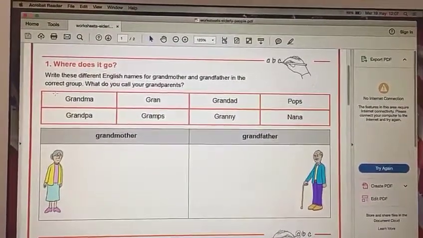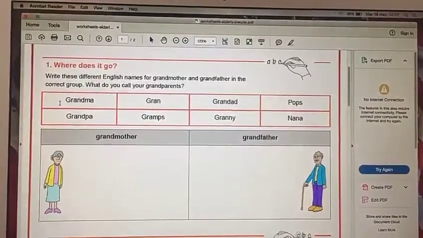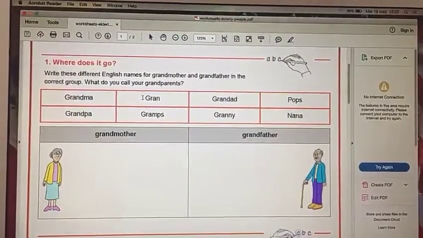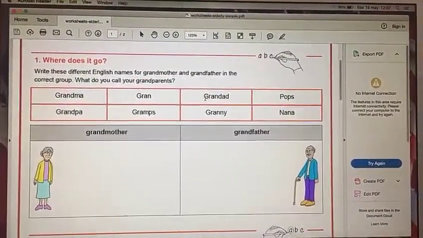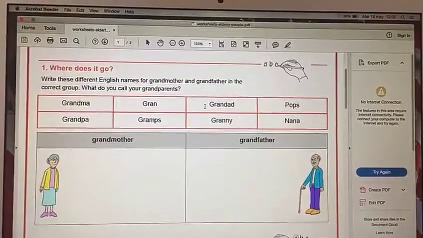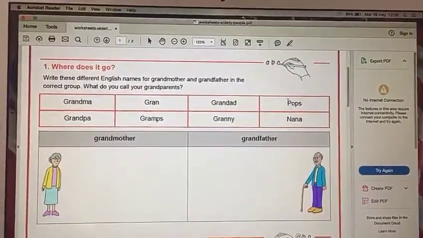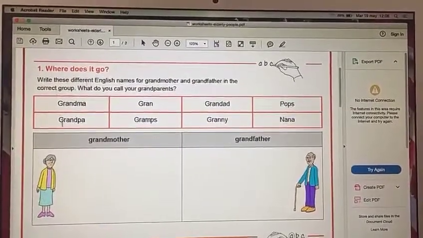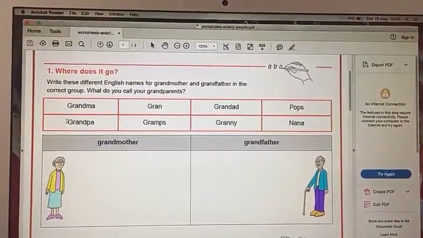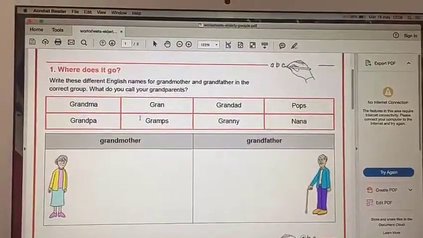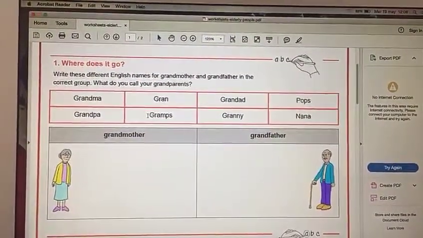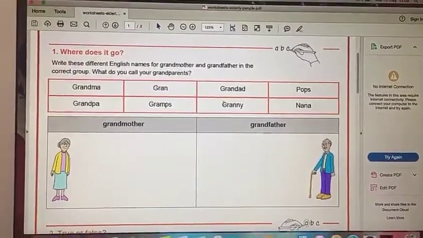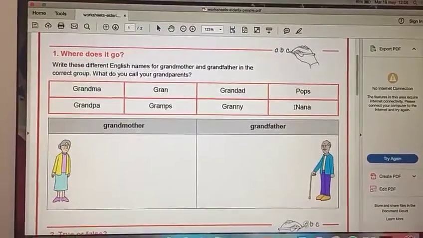Grandma, grandma, gran, granddad, granddad, pops, grandpa, gramps, granny, nana.